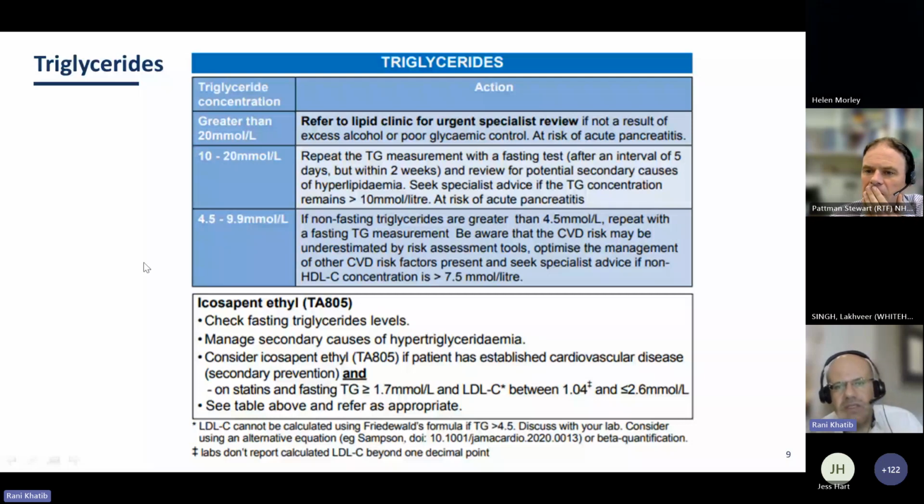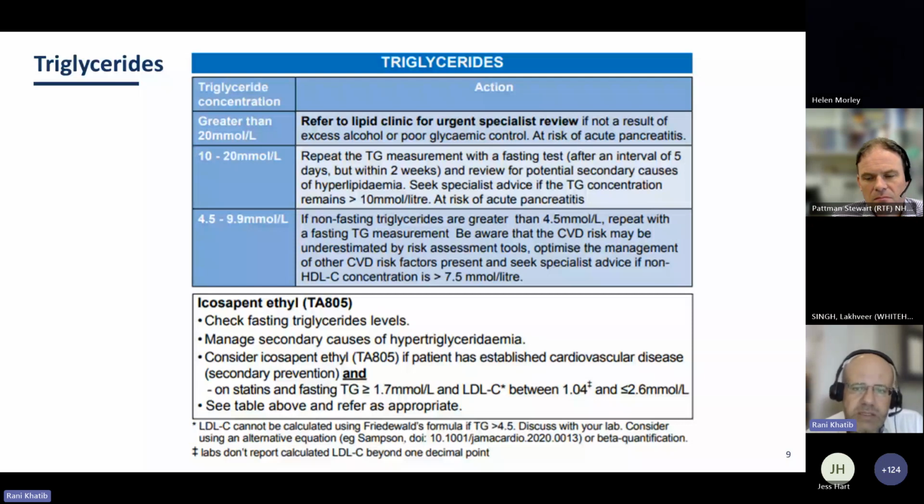Generally speaking, this is the box we have at the back of the guidance. It says if you've got somebody with these different levels of triglycerides, if they are 4.5 to 9.9, and the non-fasting triglycerides is more than 4.5, then repeat a fasting one. The reason you're repeating a fasting one is just to exclude that this wasn't a one-off high triglyceride reading because of what they've eaten and what they drank the night before.